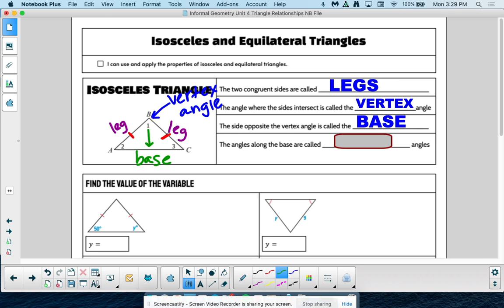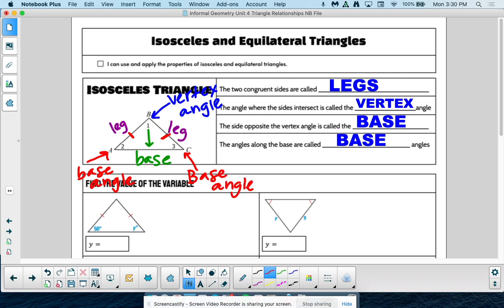Now the two angles along the base are called base angles. Base angles. Let's label those too. So angle A is a base angle, and angle C is a base angle.